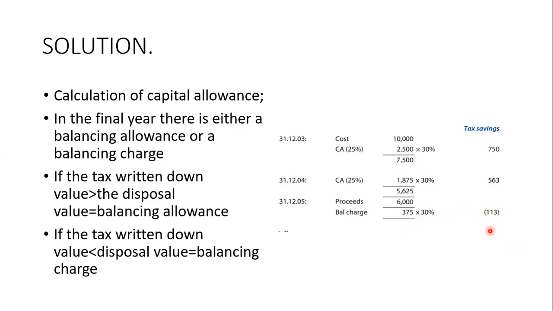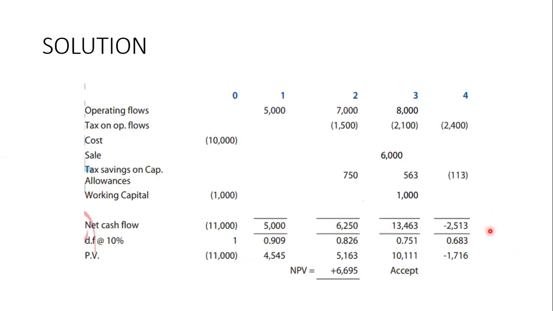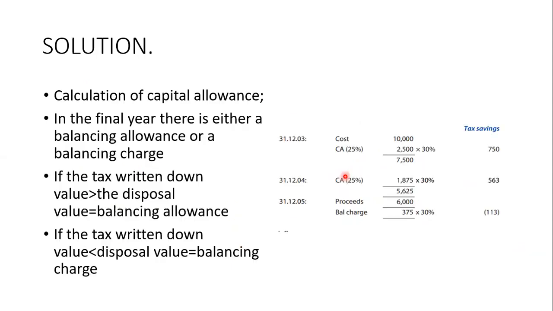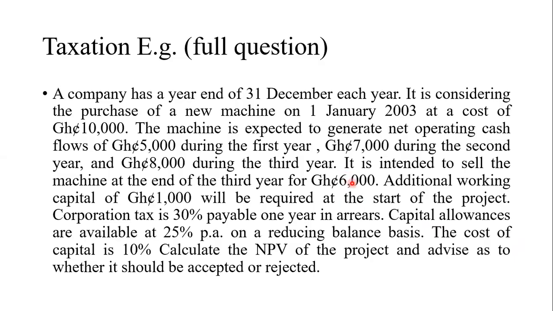So we have calculated these, and we need to push them into the investment outlay. You find them here, the first one, the second one, and then the third one. Now remember, in this question, we're told that corporate tax is 30%, payable 1 year in arrears. 1 year in arrears means that the tax liability that arises, you don't pay it the same year, you pay it the next year.